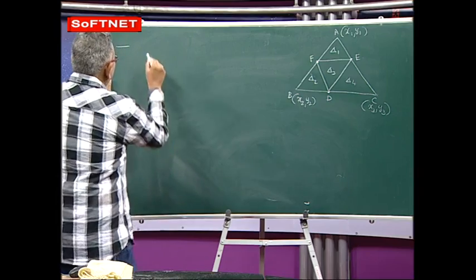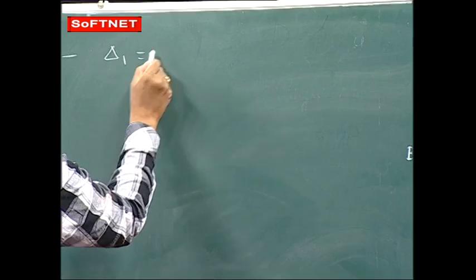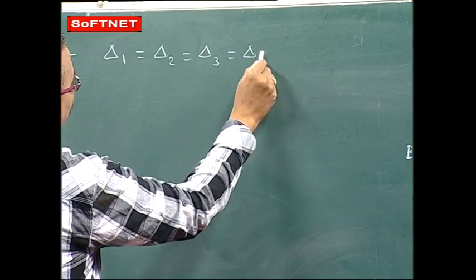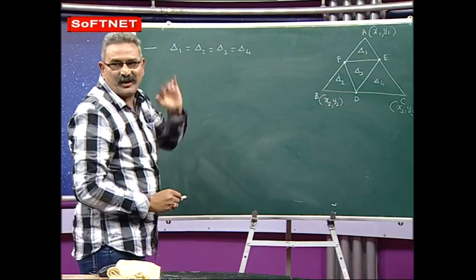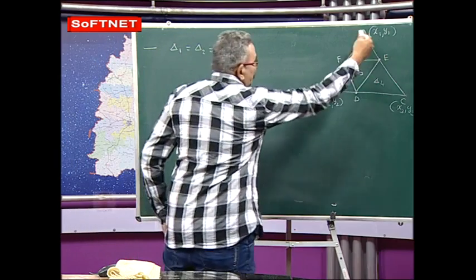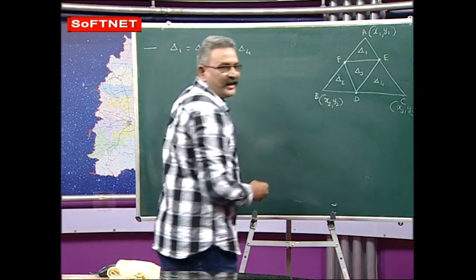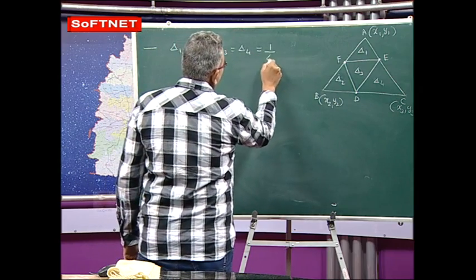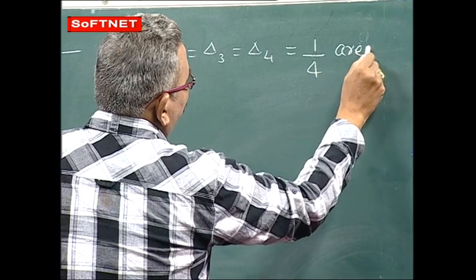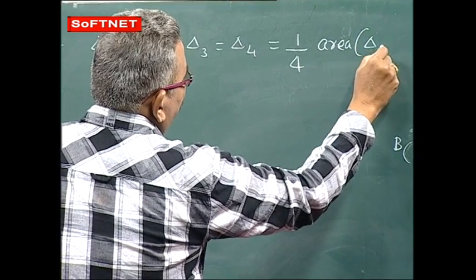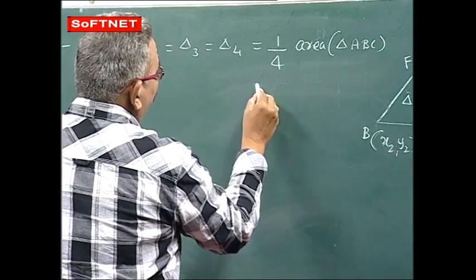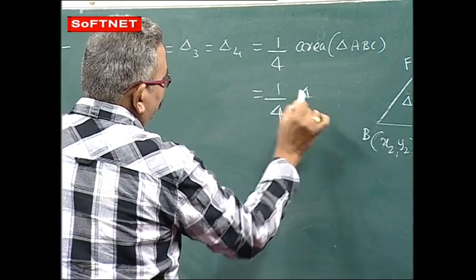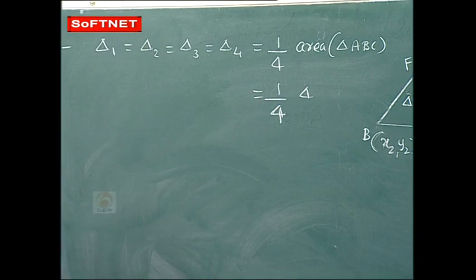Here we observe delta 1, delta 2, delta 3, delta 4 are each equal to 1/4 of the area of triangle ABC, or we can write 1/4 of delta.